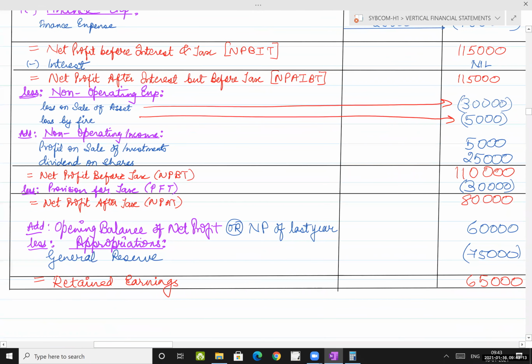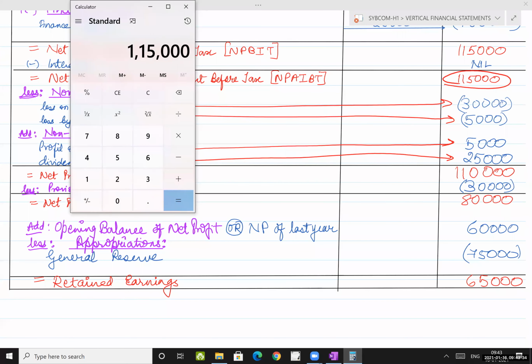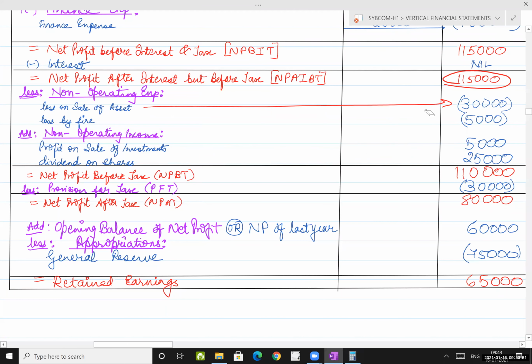Non-operating income: profit on sale of investments 5,000 and dividend on shares 25,000. ठीक है, solve it. 1,15,000 में add और less करो. ठीक है, so 1,15,000 minus 30,000 minus 5,000 plus 5,000 plus 25,000. 1,10,000 is my answer. ठीक है, 1,10,000 is my net profit before tax.